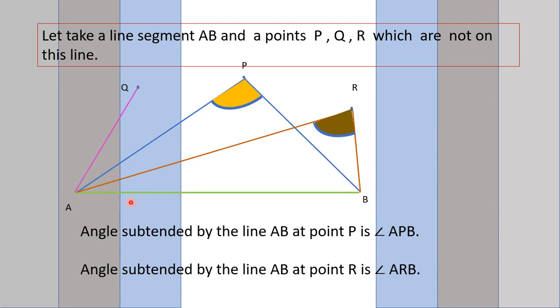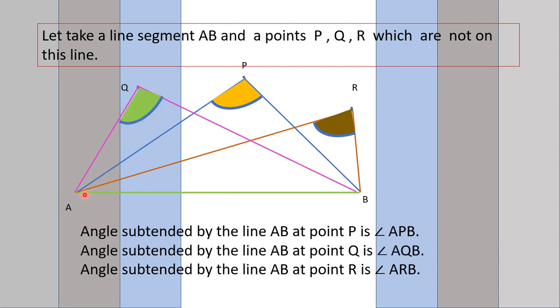Similarly, at point Q also, when we are observing line segment AB, our vision side is this, and this is the angle subtended by the line segment AB at point Q.